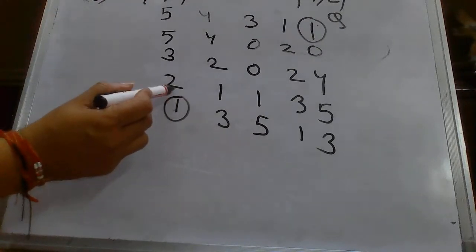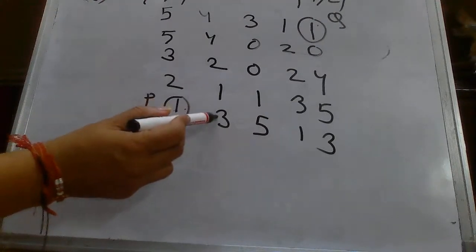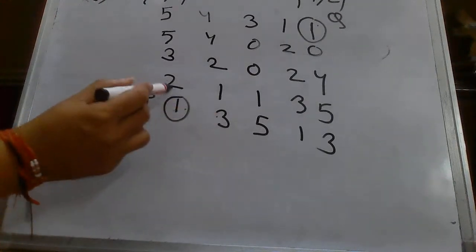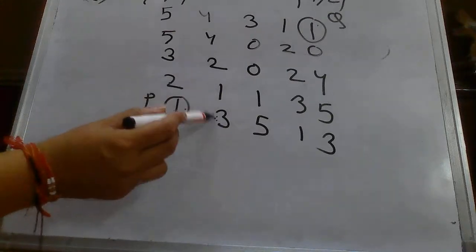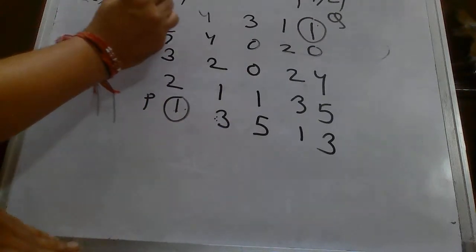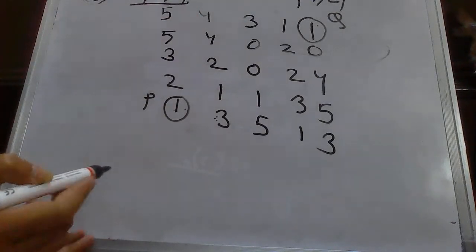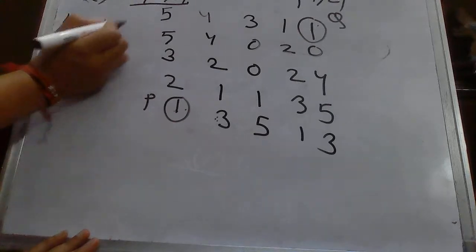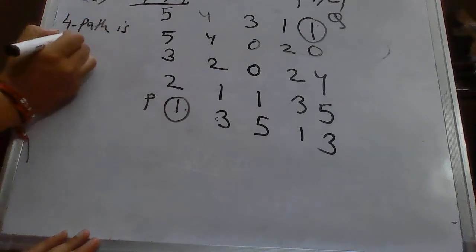I will go for its 4 neighbors. This is one neighbor, this is another neighbor. These two neighbors are absent. Both neighbors are carrying pixel values which do not belong to this intensity set. So 4 path is not possible at all.